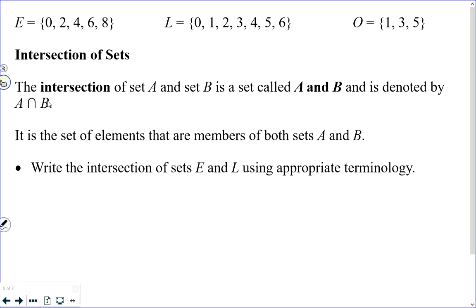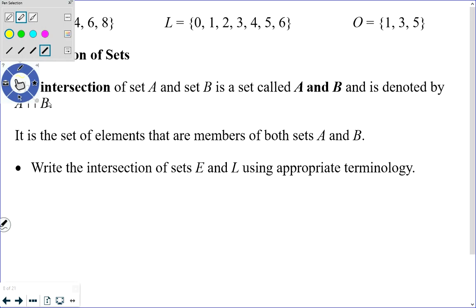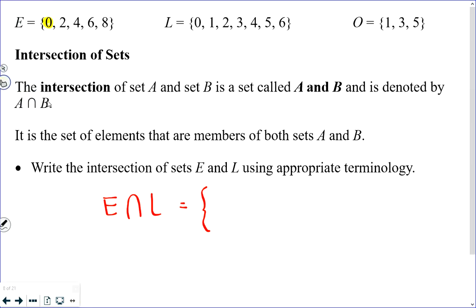And as an illustration here, what is the intersection of sets E and L? Well, we would write the intersection of E and L is equal to, and we would look at set E and set L and identify items that are in both of the sets. So there is a 0 and a 0 in each set, which means 0 will be in the intersection.